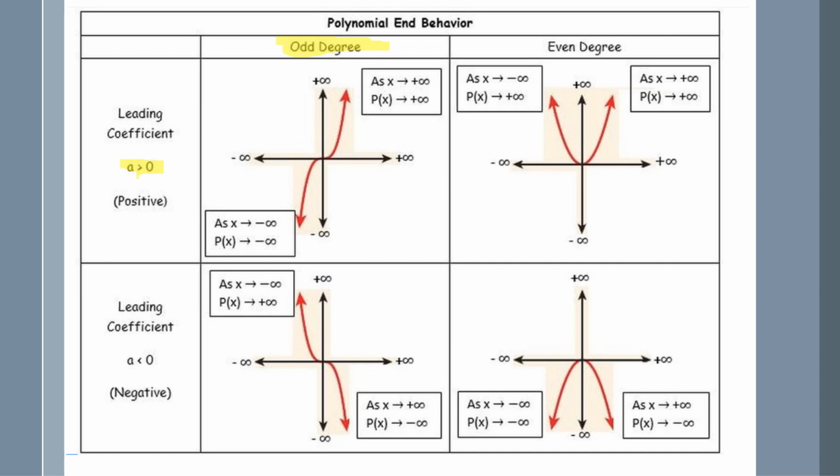But if it's negative, and it's an odd symmetric function of odd degree, that just means it's going to fall and keep falling. When it's an even degree, if it's positive, it's going to fall, then rise. And if it's negative, it's going to rise, then fall. I'm going to give you some more examples which will help you a little bit.